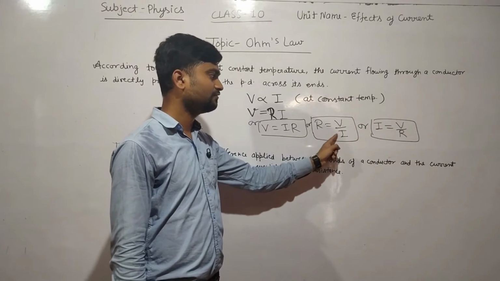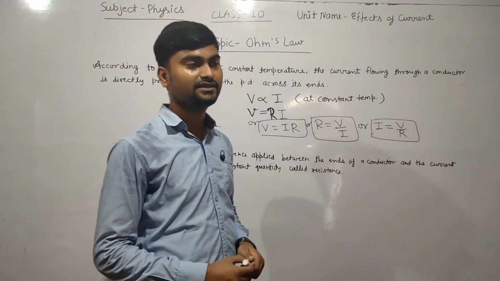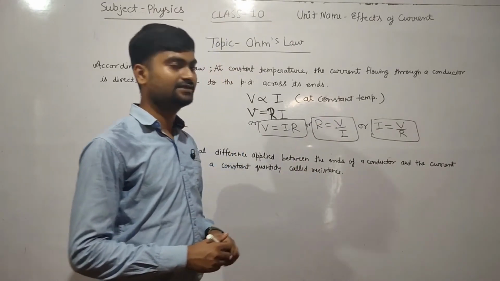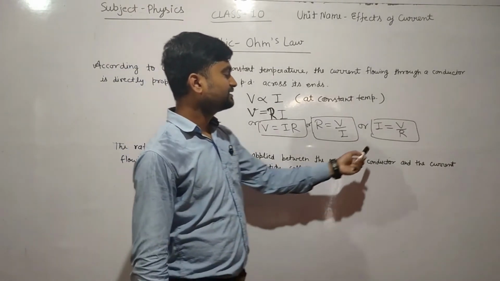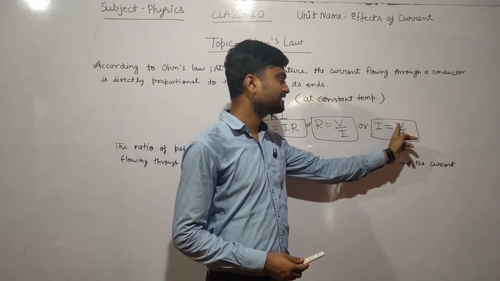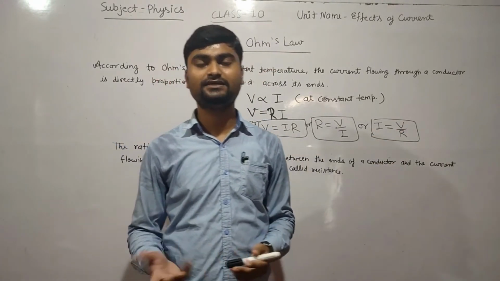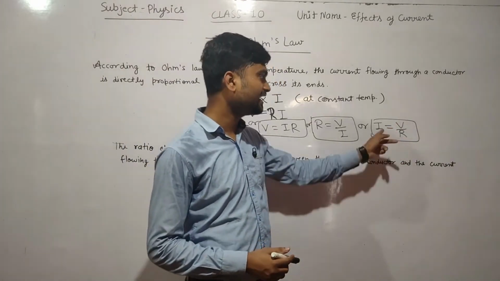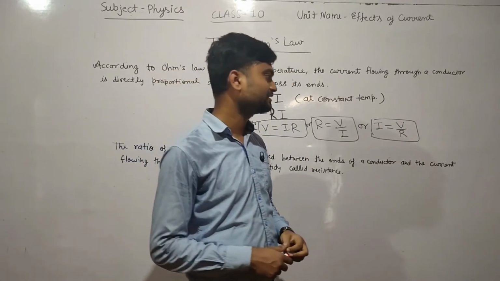This constant quantity is called resistance and is denoted by capital R. From this relation, current is directly proportional to the voltage applied across the conductor, whereas current is inversely proportional to the resistance of the conductor.